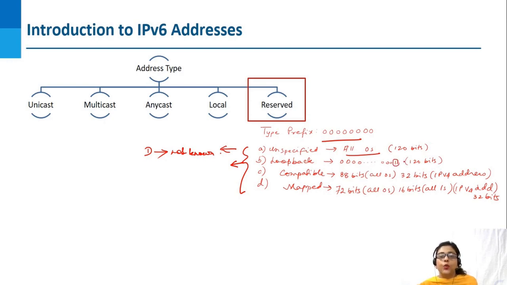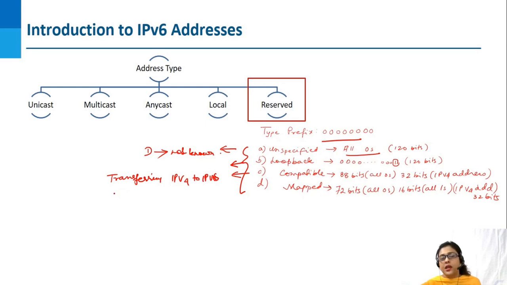Next, we have the compatible address. This is used for transferring from IPv4 to IPv6.